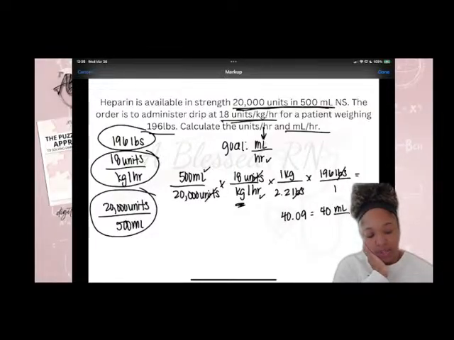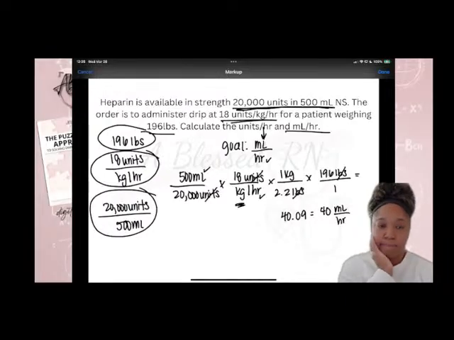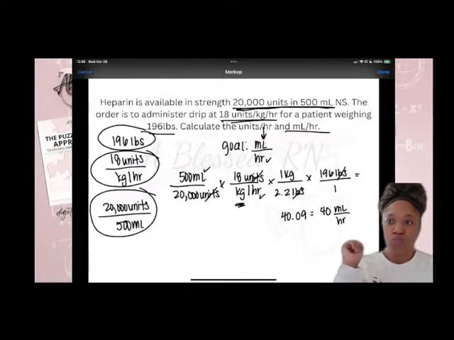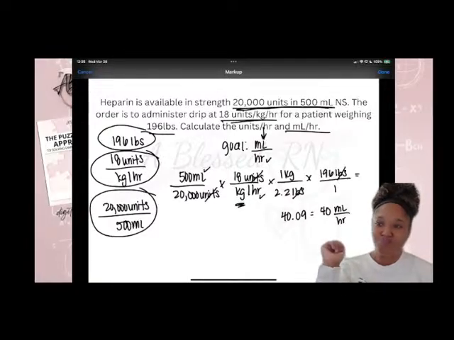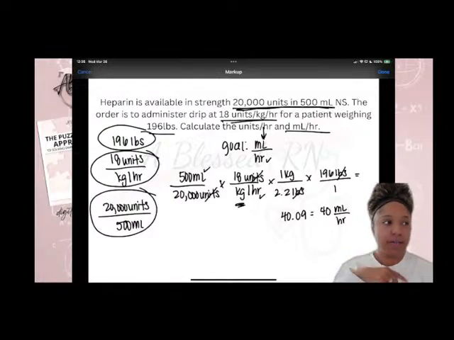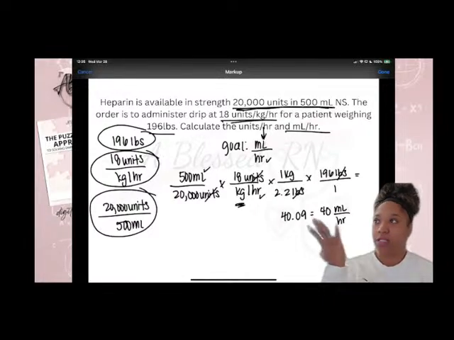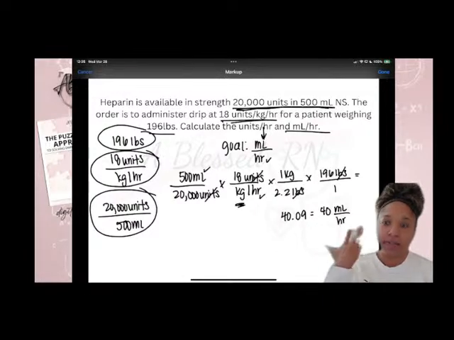Forty milliliters per hour. Any questions about this one? Y'all good? We thinking? Puzzle pieces. No math needed until the very end.